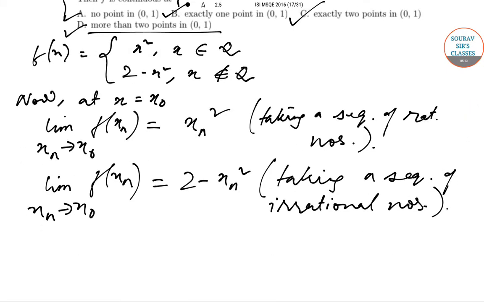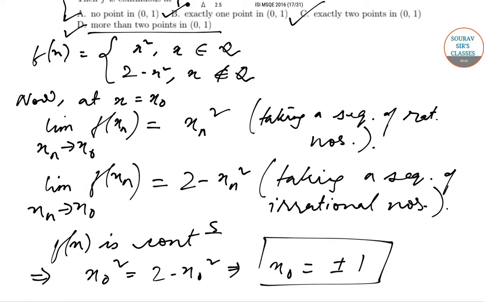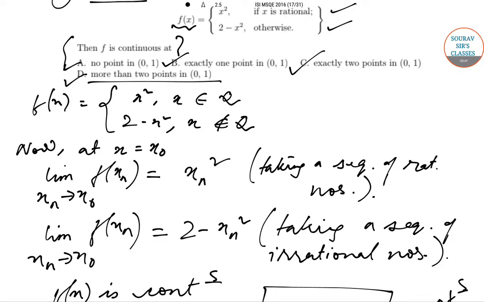Now for f of x to be continuous, this implies that x naught square is equal to 2 minus x naught square, and in that case we get that the value of x naught will be equal to plus minus 1. That is, if x naught is equal to 1 or minus 1, the function f is continuous. Now let us go to the options and check which of them satisfy this x naught equal to plus minus 1 condition.